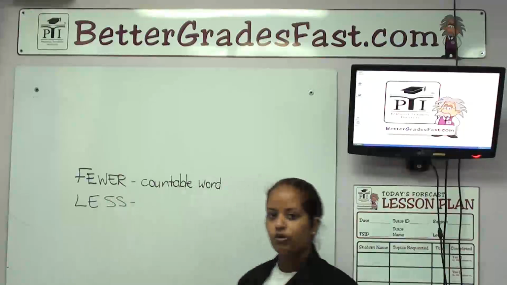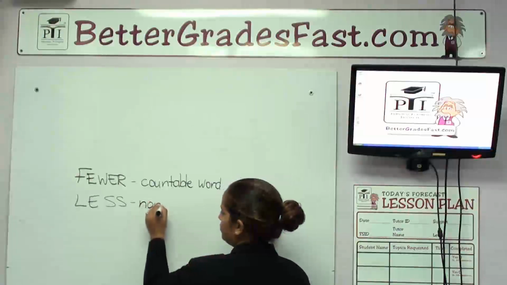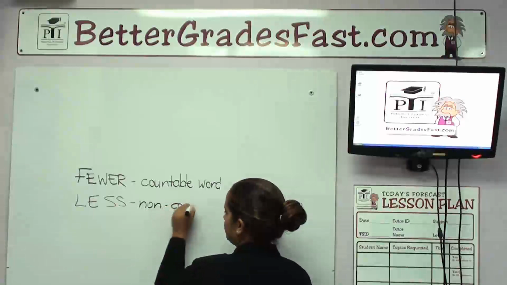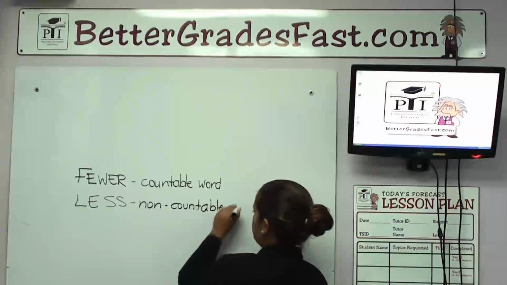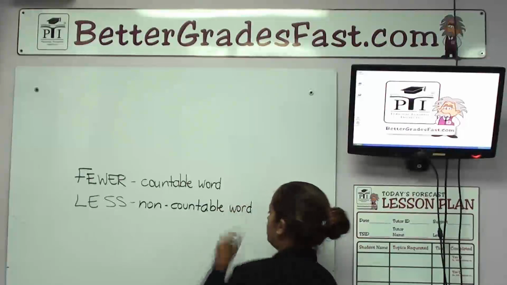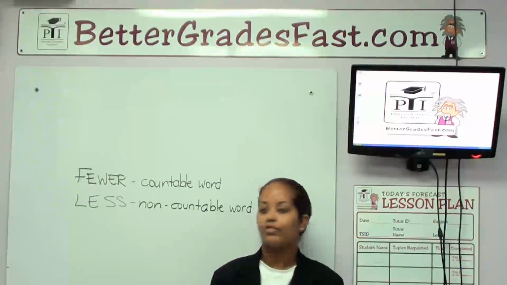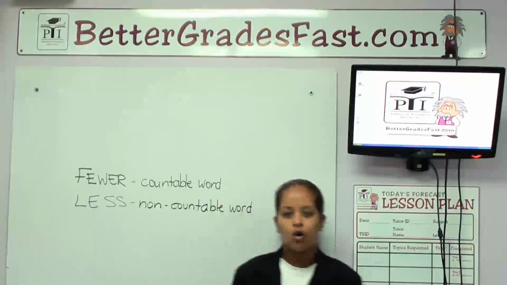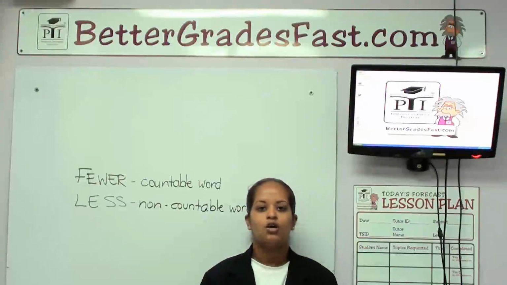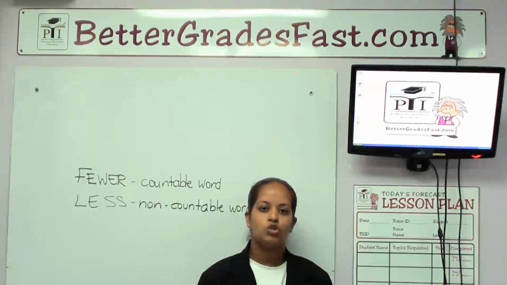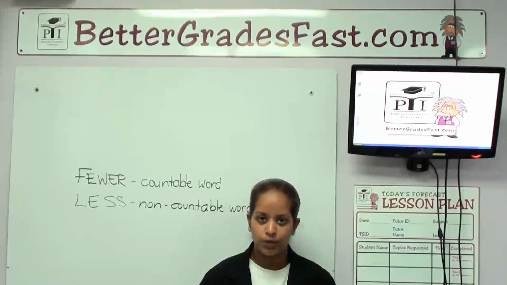On the other hand, you have the word less, which is non-countable. This simply says that when qualifying a word with the word less, the noun cannot be something that can be counted. For example, you can say, there is less traffic on the highway.